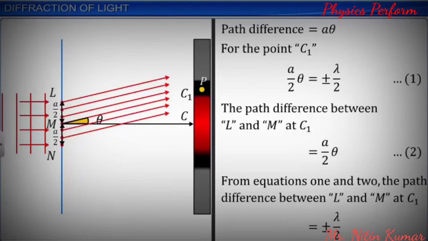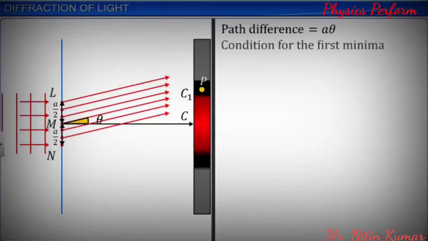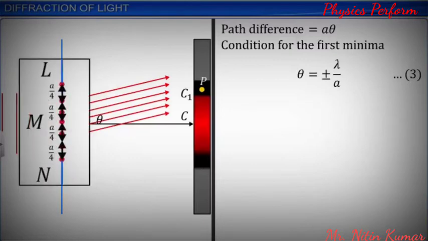Hence, the condition for the first minima is theta is equal to plus or minus lambda by a. Let this be equation 3. Equation 3 implies that the central maxima can be made wider by making the slit narrower. We can also divide the screen into 4 parts, 6 parts, and so on.